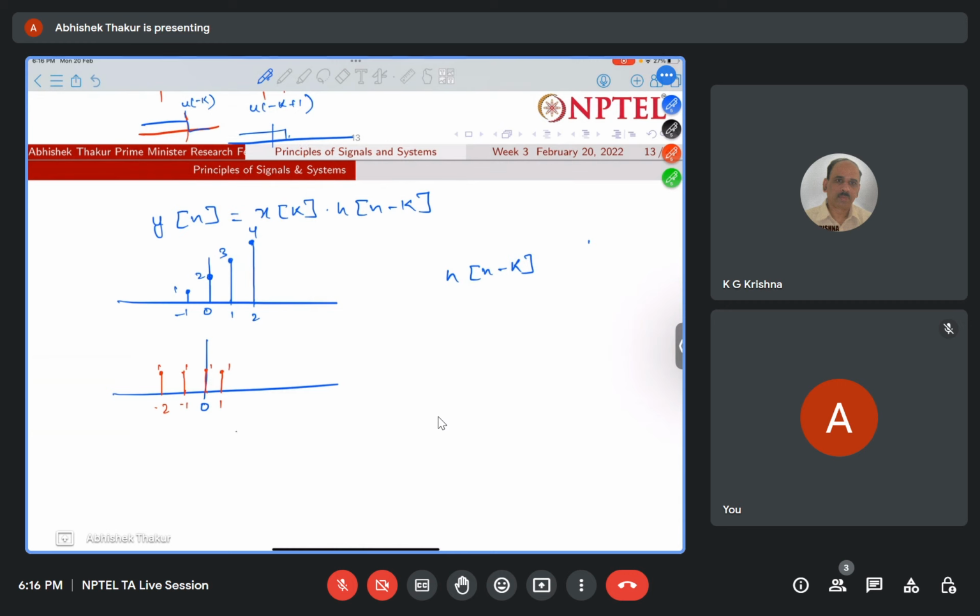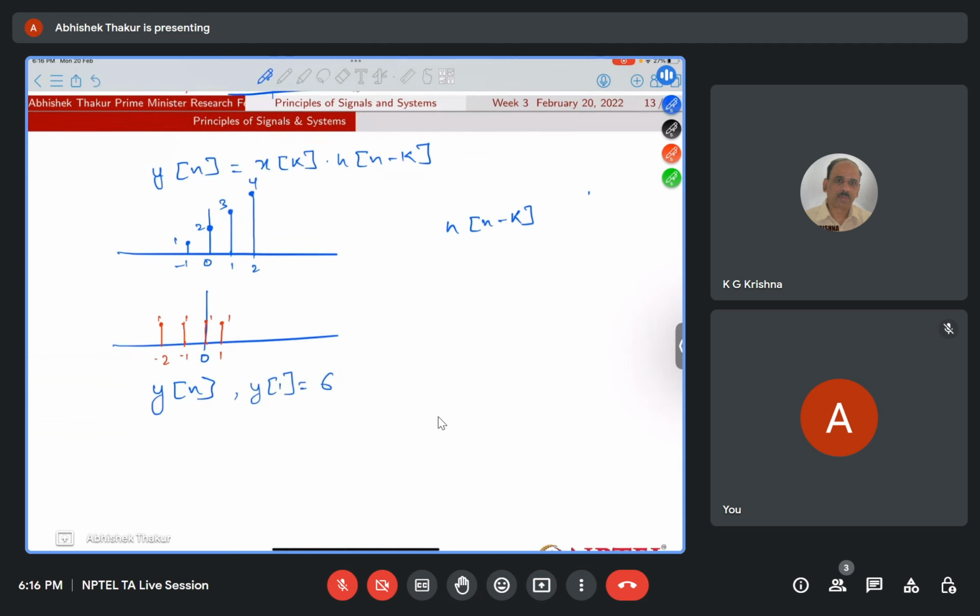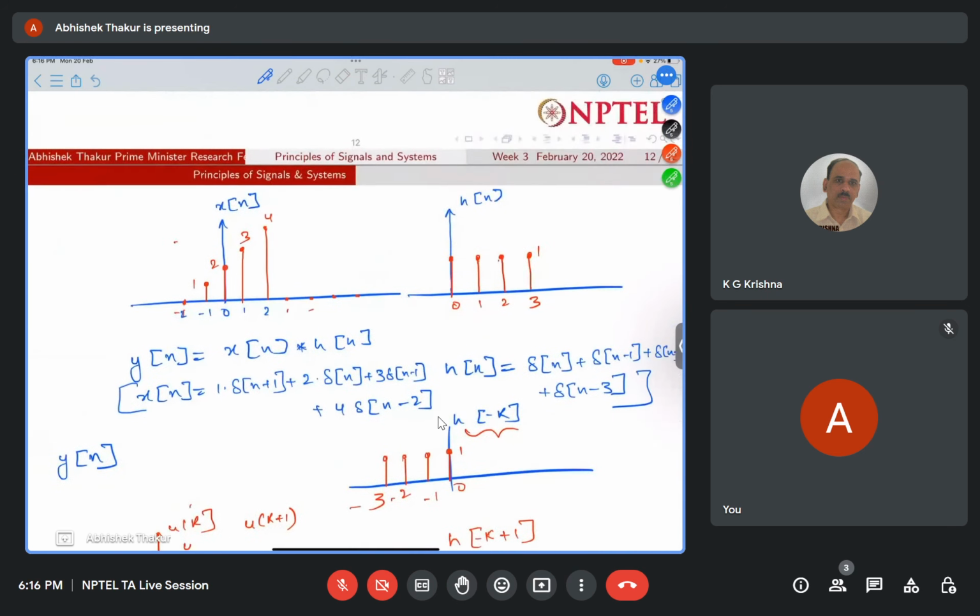So y of n for n is equal to 1, like y1 is equal to 6. Similarly, now we will calculate for all values where it is overlapping. So for n is equal to 2 we will calculate. n is equal to 0 also we have to calculate. That is simply the multiplication of these two curves.